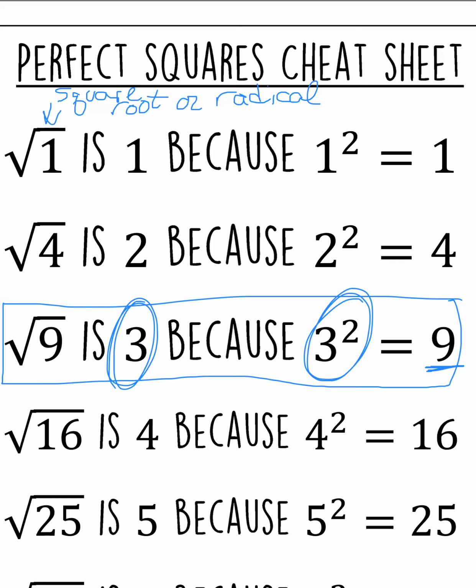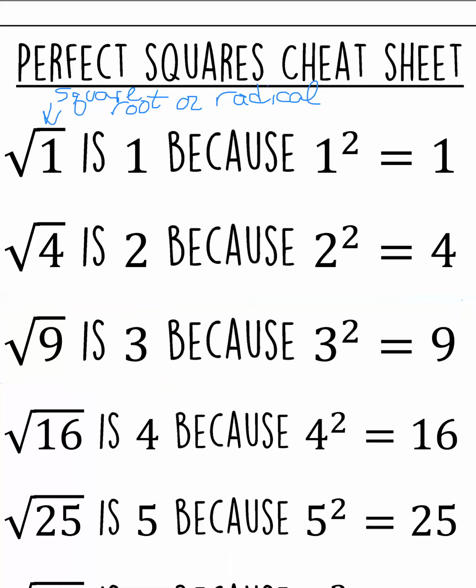All of these numbers that you see coming out over here and going down the whole page are what we refer to as perfect squares. Perfect squares.